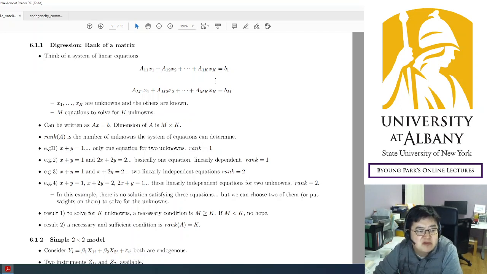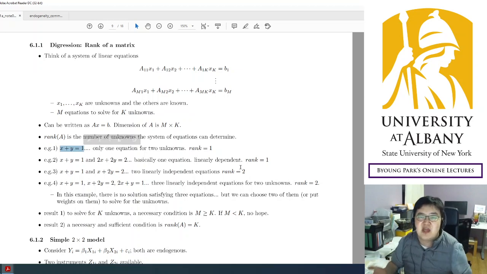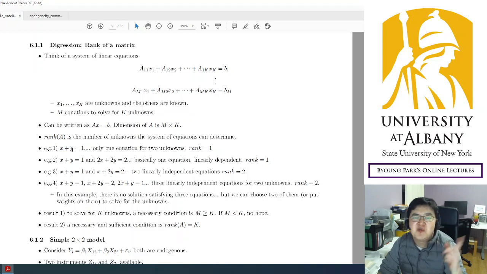So for example, the first example is too simple: x plus y equals 1. There is only one equation, and that means you can determine only one unknown. With this equation alone, you cannot say what x is or what y is, but if you know either x or y, then you can determine the other.